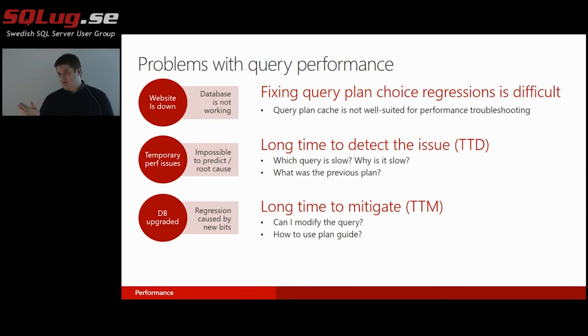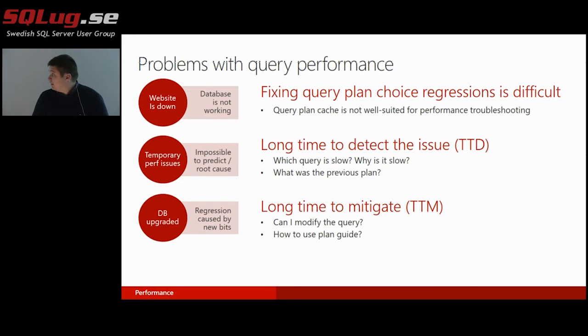Probably it's even right. The database might not be working for some reason. But the most probable thing is that the query has some regression. A new plan was generated, and the query uses a new plan, which might not be optimal, and the query is very slow.